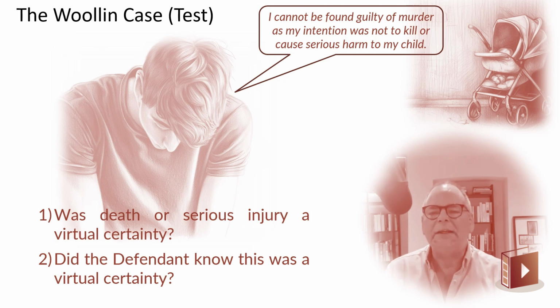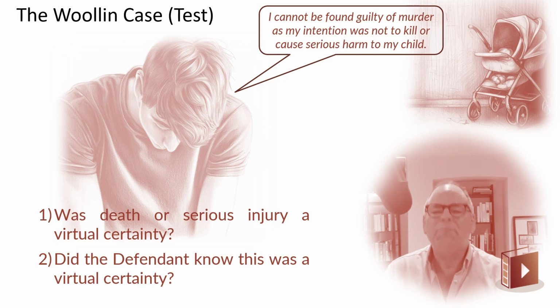If the jury can answer yes to both of these questions, then potentially we say that the defendant has indirect intention. And this can be evidence potentially that they did directly intend to kill or cause serious harm. It's as if they had direct intention.